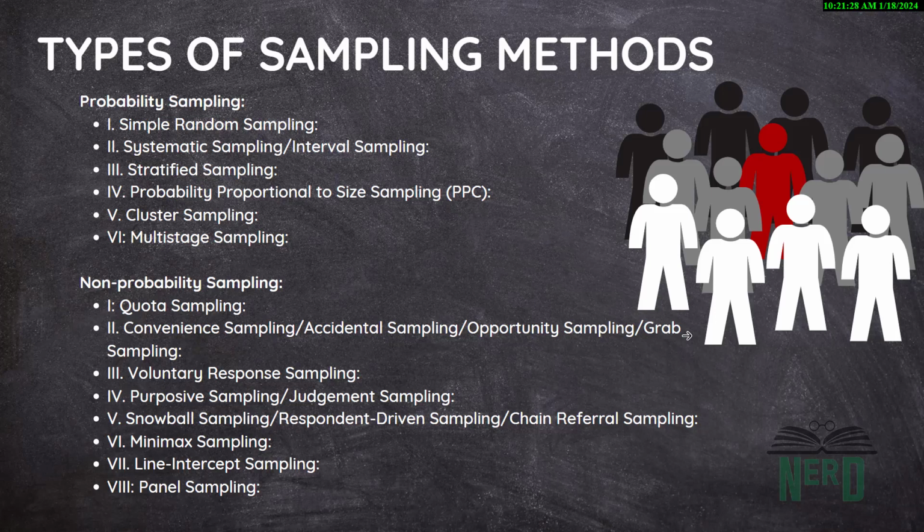In previous exams they have asked questions based on snowball sampling, and it was important because continuously for like 3 years they have been asking about this snowball sampling. And then also we have minimax, then line-intercept sampling, and at the end we have panel sampling. And we'll talk about all these types one by one, right?